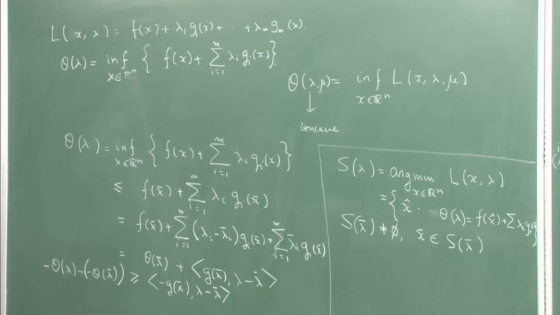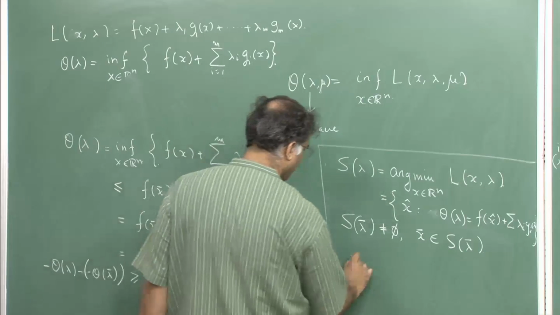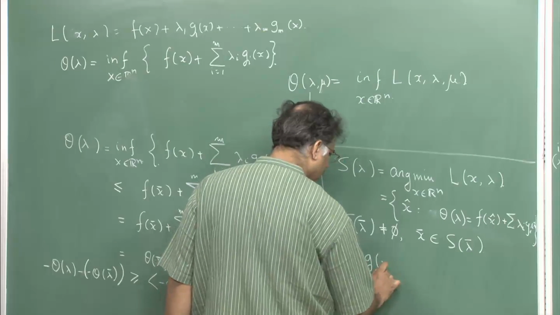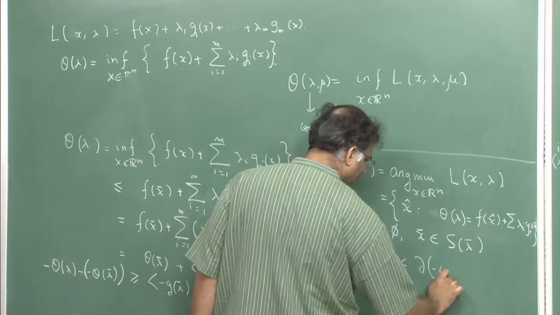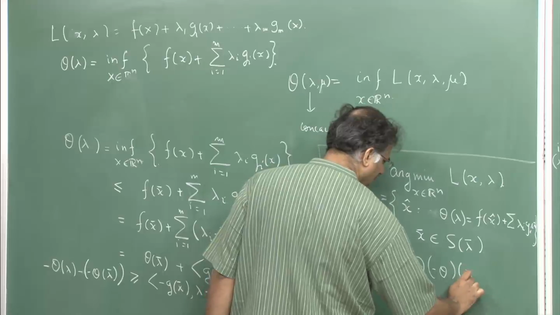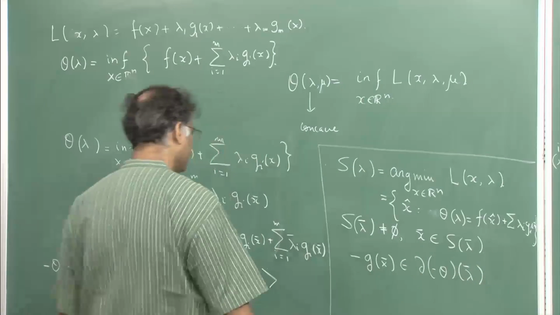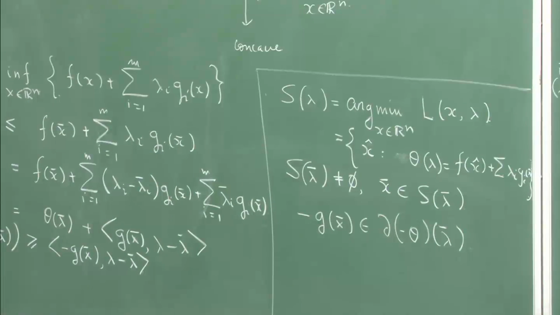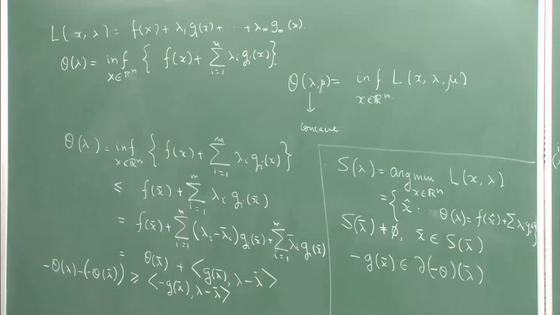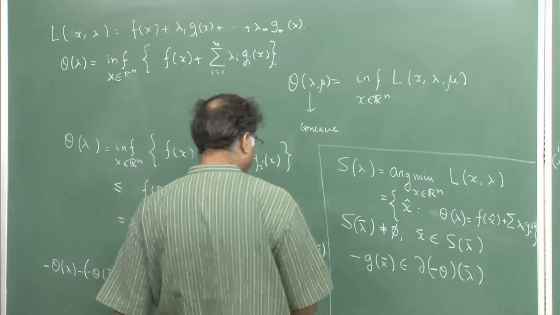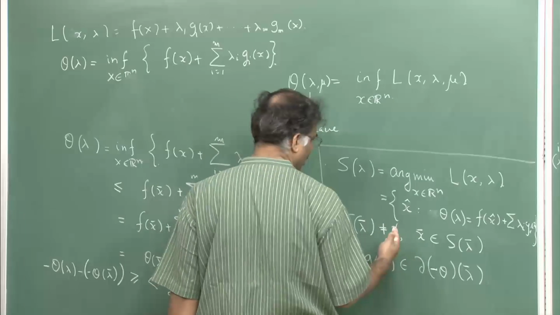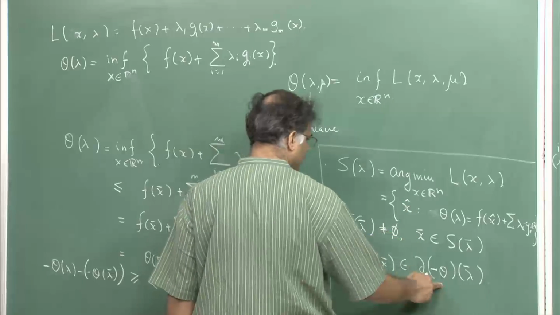So, what does it show? This immediately shows me that minus g of x bar is in the subdifferential of minus theta at lambda bar. This is what you have. Now, for any x bar which is here, this is in the subdifferential.